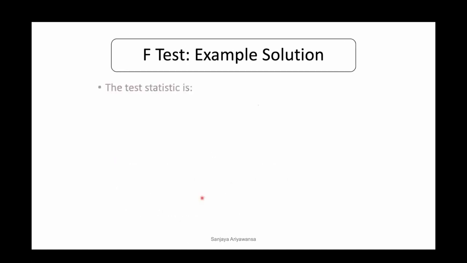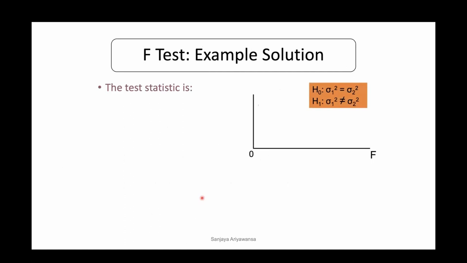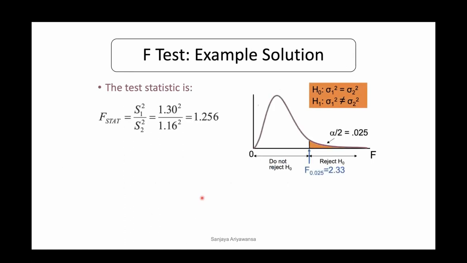Then you continue on to calculating the test statistic, which is given by this equation: sample variance of sample 1 over sample variance of sample 2, which is 1.256. My first sample was NYSE, and the second sample was NASDAQ. Now I compare this 1.256 with my critical value.